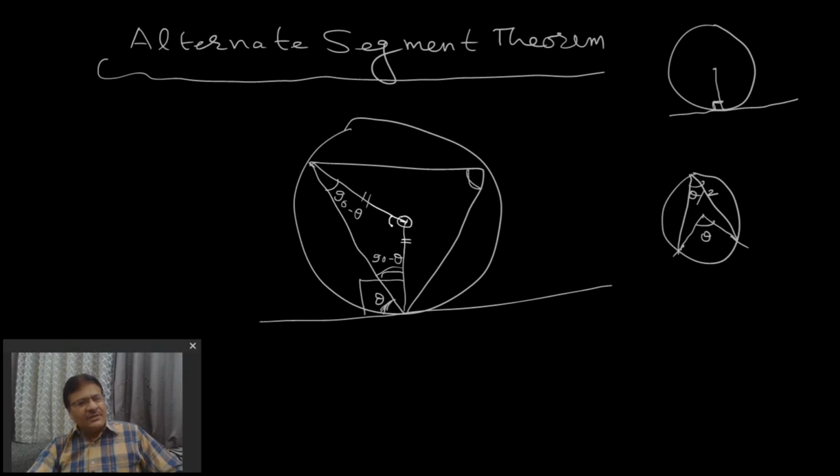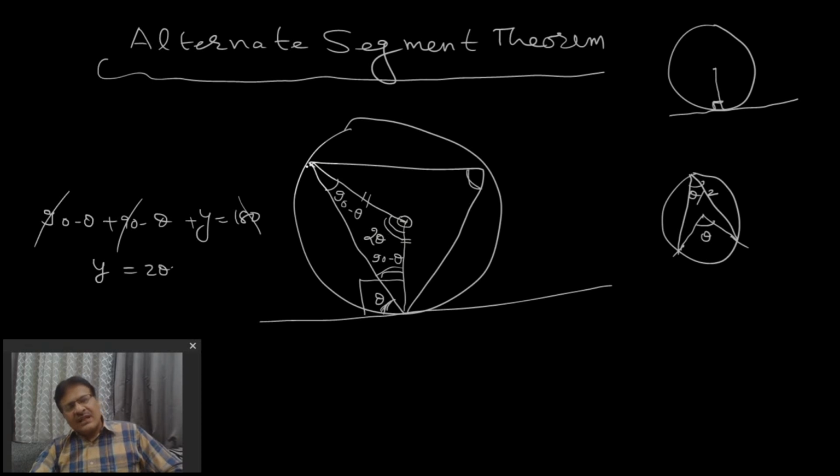Now can you tell me what this remaining angle is? As the first angle is 90 minus theta and the next one is also 90 minus theta, and this I don't know, suppose this one is y. The total of these three angles must be 180, so 90 plus 90, 180 cancels with 180. So what do I get? y equals 2 theta. It means this one must be 2 theta. Is that clear?